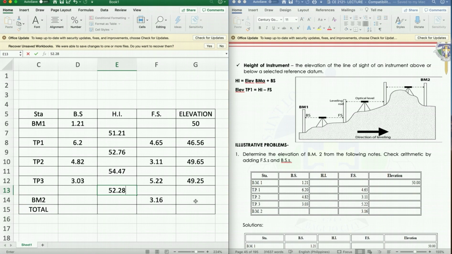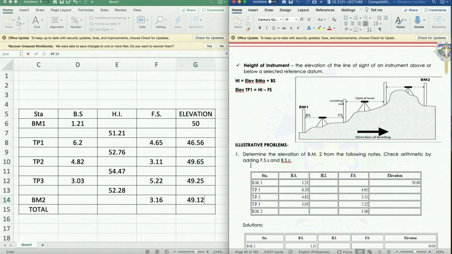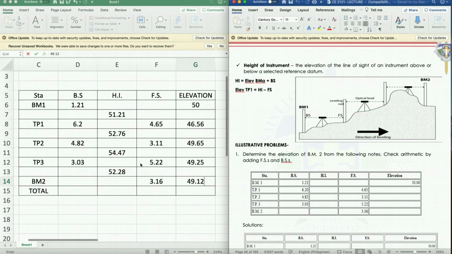And to get the elevation of benchmark number 2, it is simply 52.28 minus 3.16, and that is equivalent to 49.12.